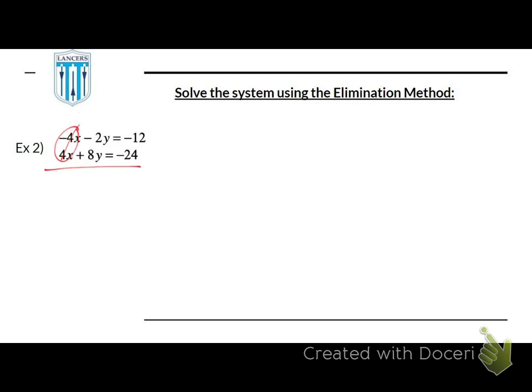So combine a negative 2y with positive 8y. What do we get? Positive 6y equals, combine a negative 12 with a negative 24. Negative 36. To get y alone, we should divide. Y equals. Questions about that first part? It goes pretty quick.